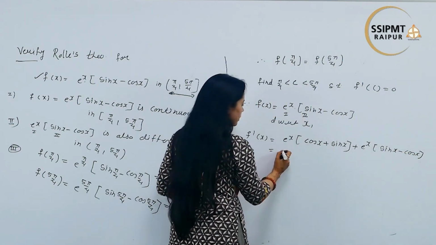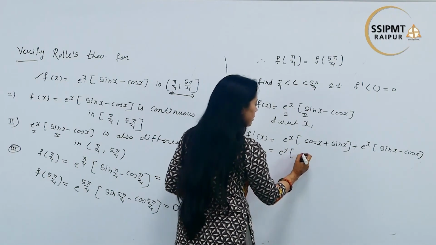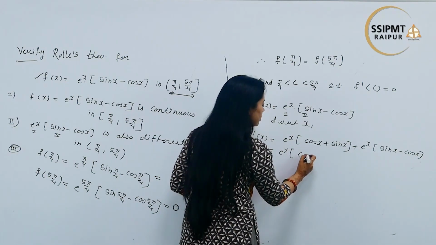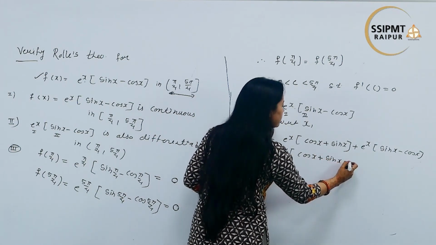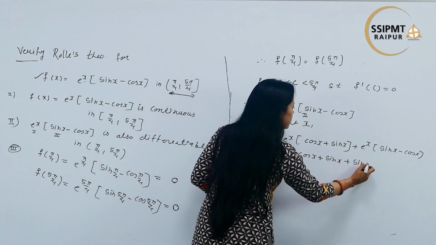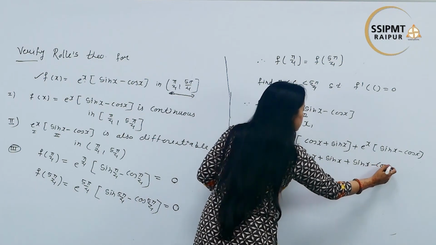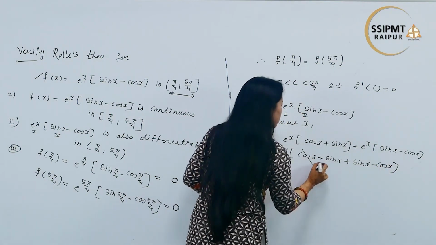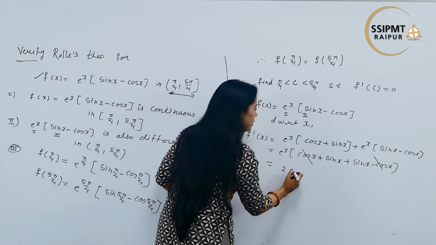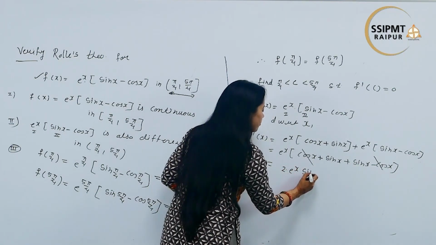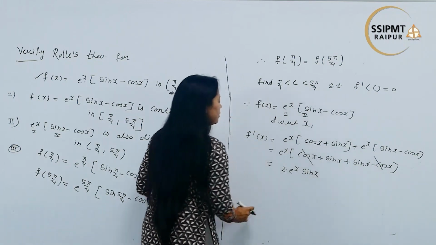It can be further written with e^x as common: e^x (cos x + sin x) + (sin x - cos x), so it is equal to 2e^x sin x.